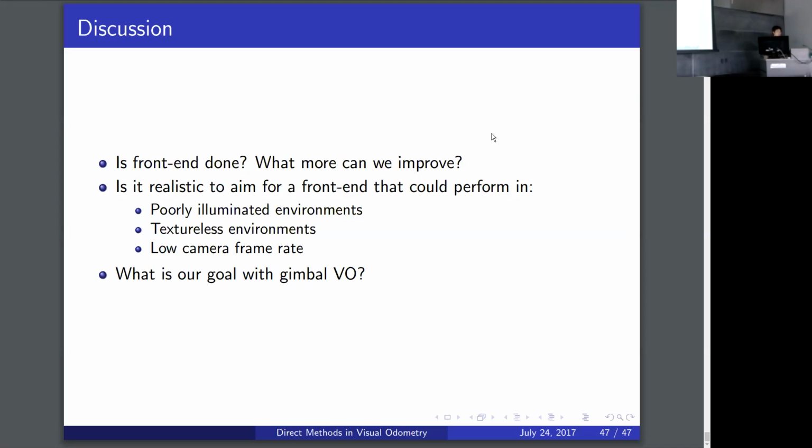What ends up happening is that the relative distance between your keyframes and the features you're trying to estimate the depth of are often quite far away relative to your baseline.